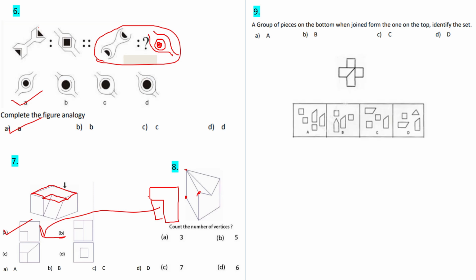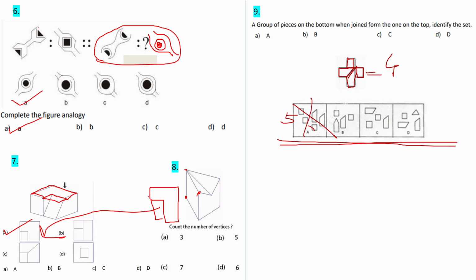Then we have this particular image and we have to figure out which forms can be used to make this similar image. If you look at the image carefully, you will see there are 4 forms given. 1, then 2, and then 2 boxes over here, right? If you consider these 4 options, in A you have 4 here and 5 here, so it is cancelled.